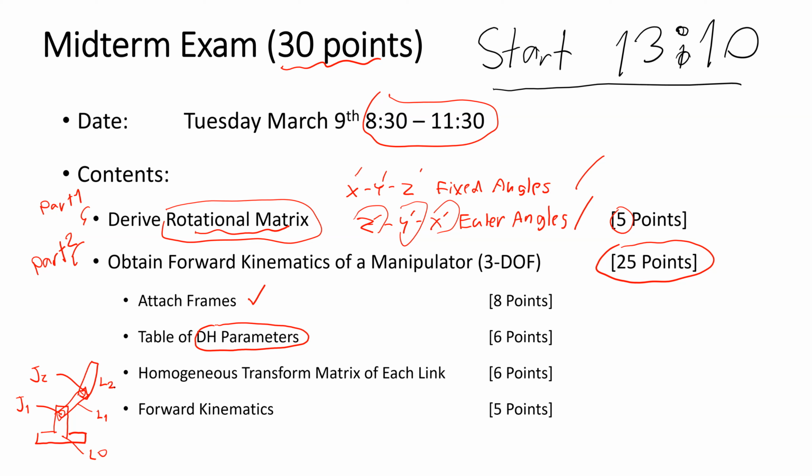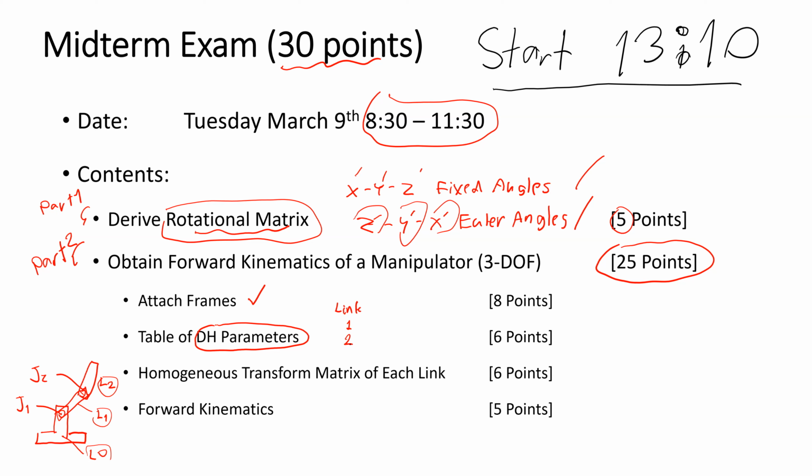If we have 2 links of the robot, we are not counting link 0. When we compose the table of the DH parameters, we will have link 1 and link 2.